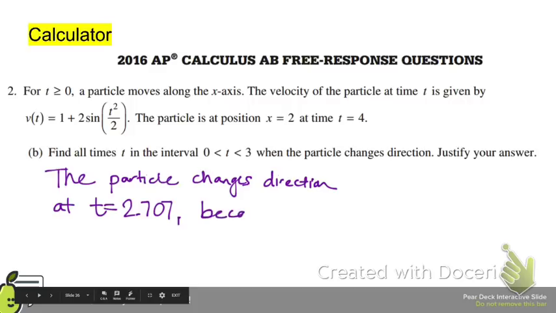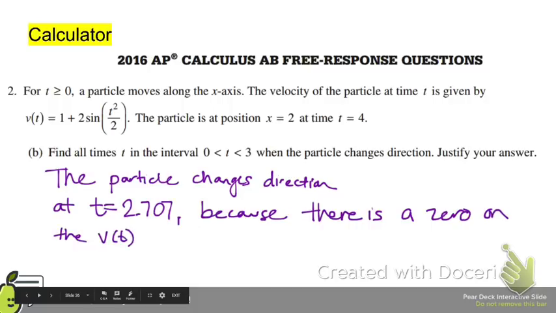Because there is a 0 on the velocity graph meaning the particle is stopped.